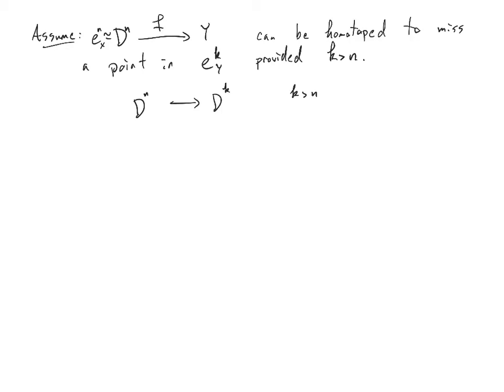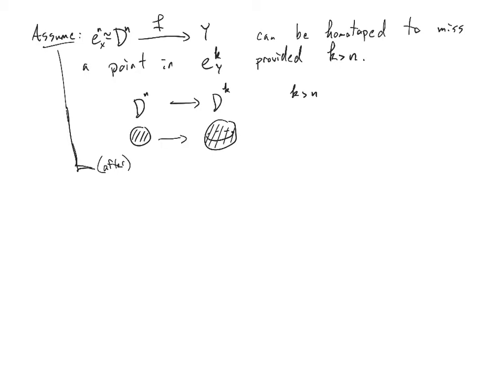And so your picture for this should be you've got this closed disk, and over here we've got the solid ball. And it doesn't matter how you map this in, we can homotope that map so that it misses a point. Yeah. So we'll come back and prove this after. But let's first just close out the proof.